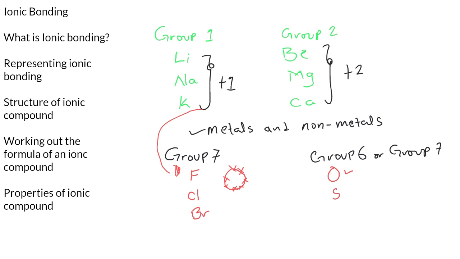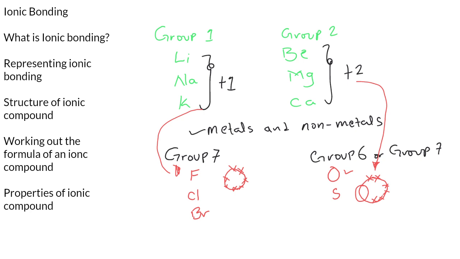Group 6 elements, like oxygen, have 6 electrons in the outermost shell, and they need 2 more electrons to become stable, which group 2 elements can give to them.